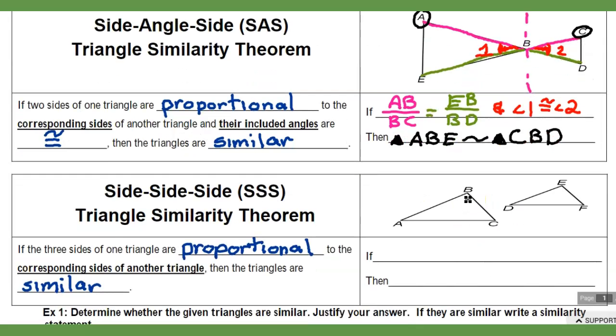Okay. And same thing here with the sides. It's just instead of having two sides and an angle, we'll just have all three sides and no angle. So we'll have, once again, AB to DE. And we'll have, go all the way around, BC to EF.